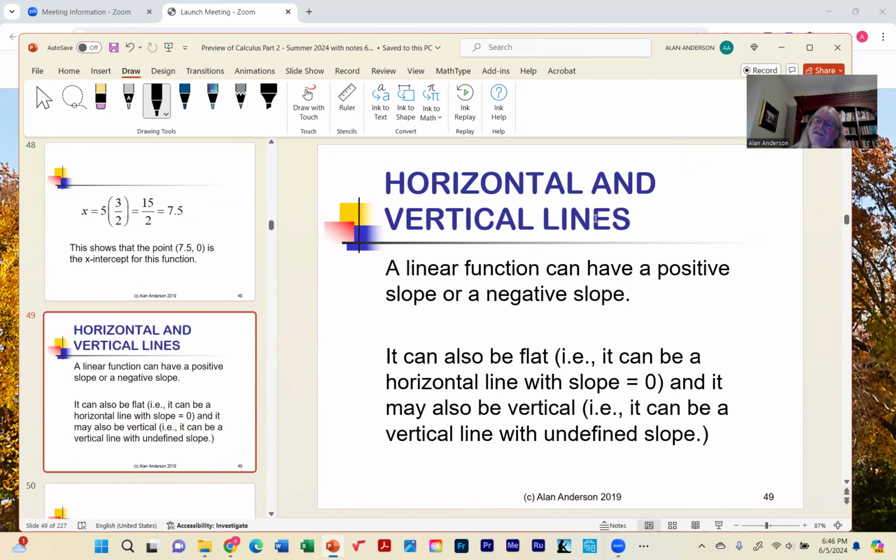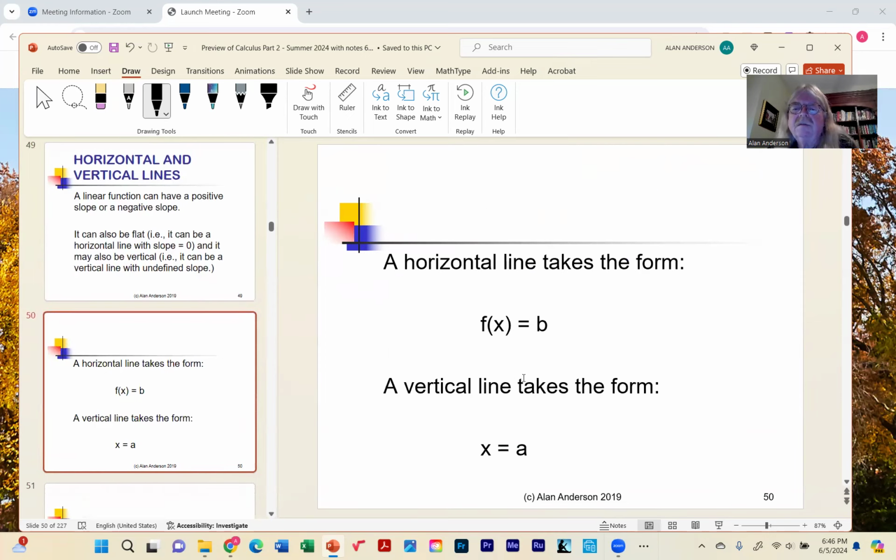Now, two extreme cases are horizontal and vertical lines, which we've already discussed, but just a quick review. A horizontal line means that the slope is 0, and therefore, since m equals 0, that means that f of x simply equals b.